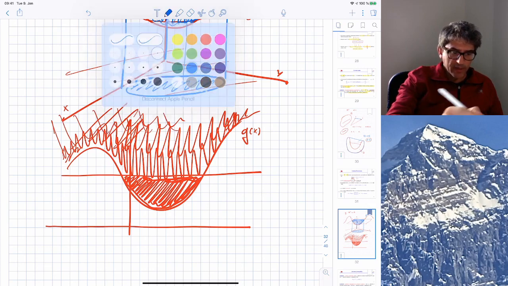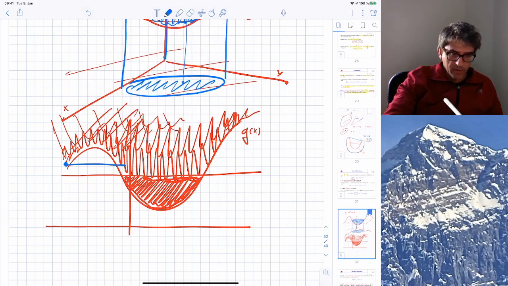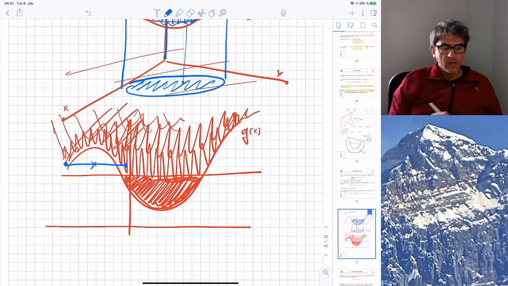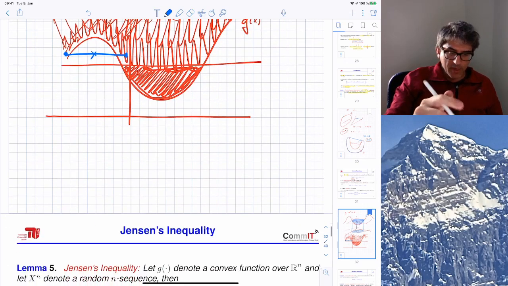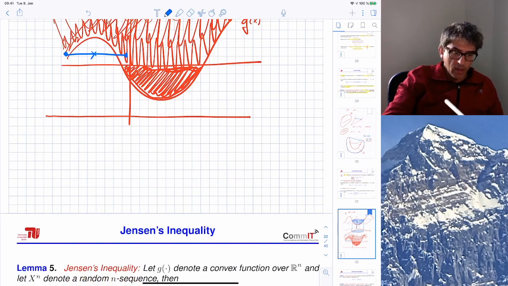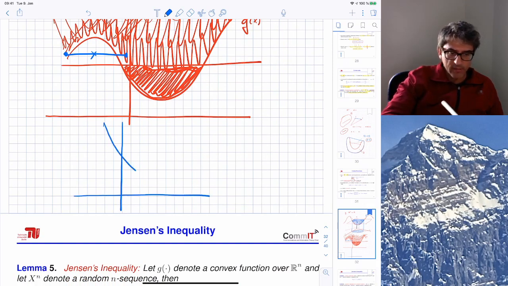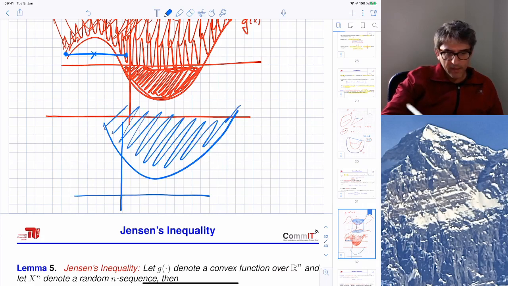For example, I can take a point here, and the convex combination is not in the set. But for example, a sort of parabola would be convex, because a parabola is like this. The epigraph is this set, and this is a convex set.